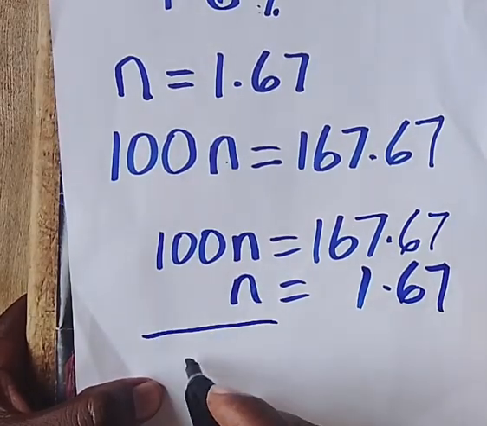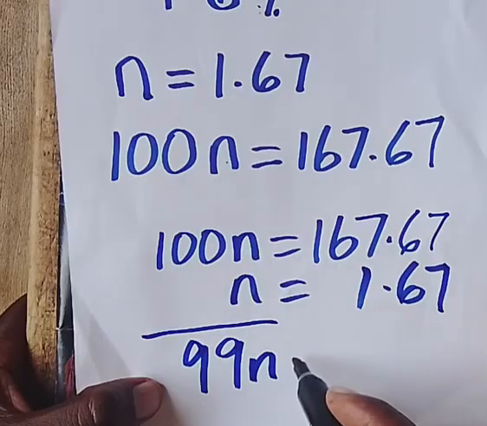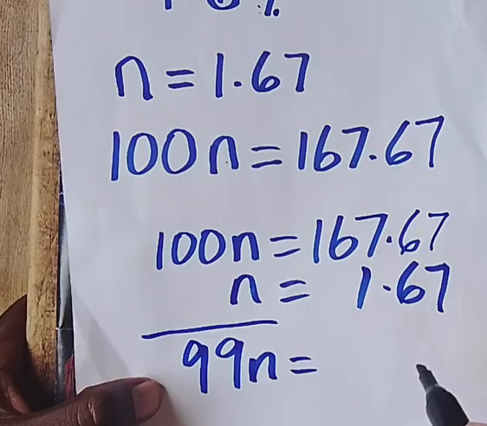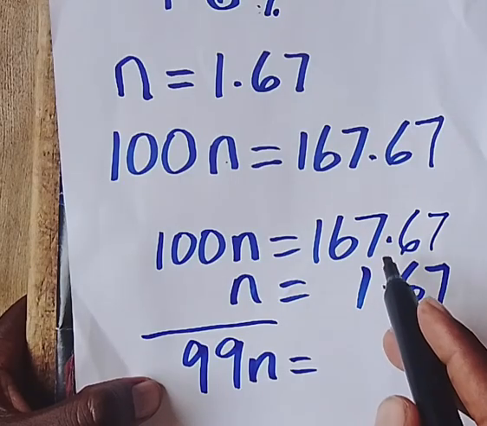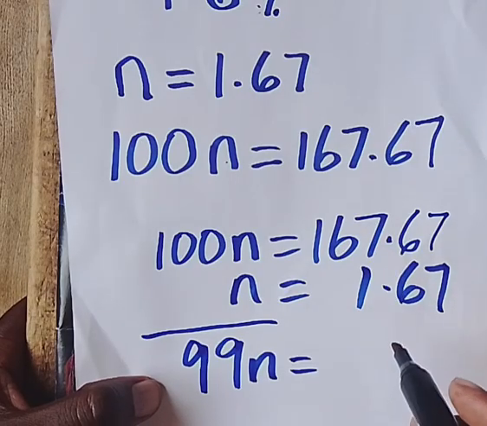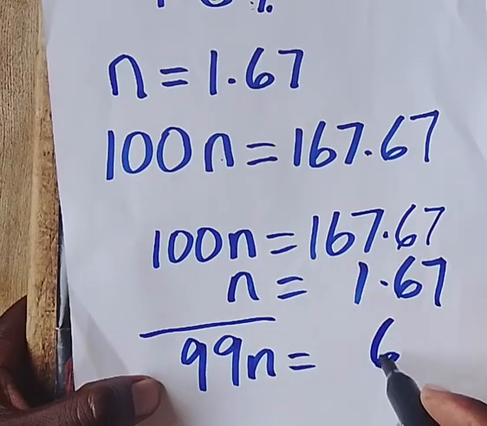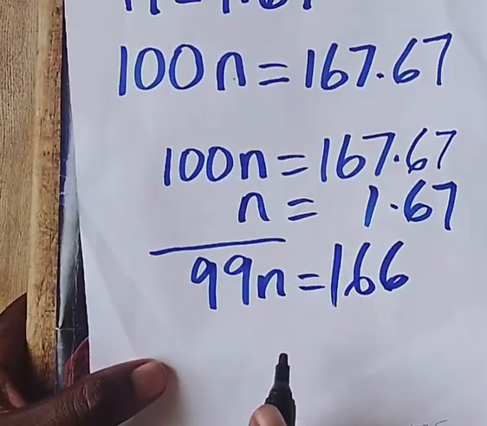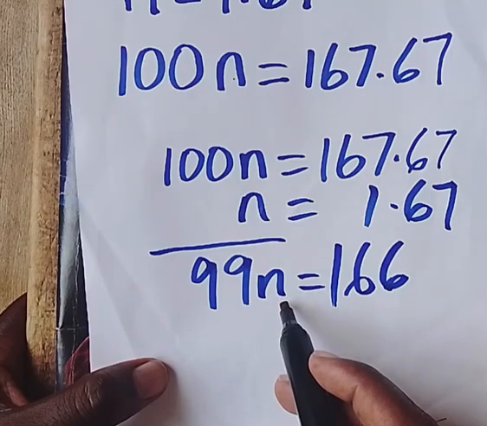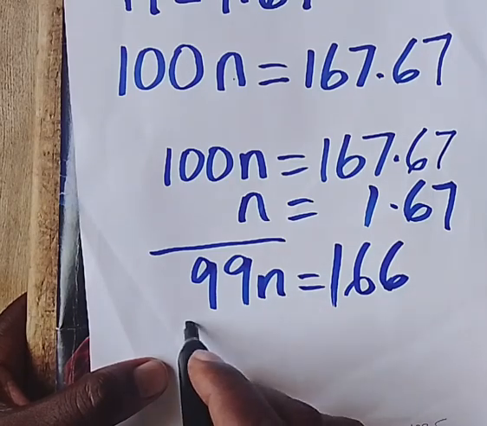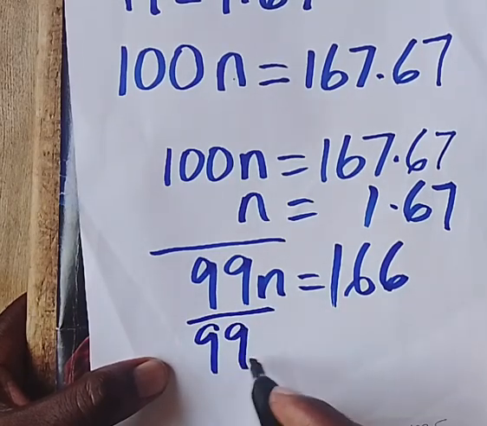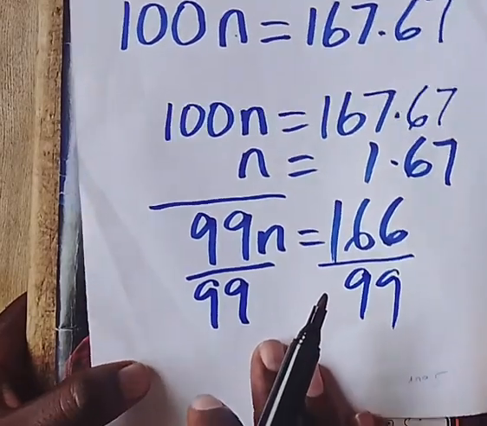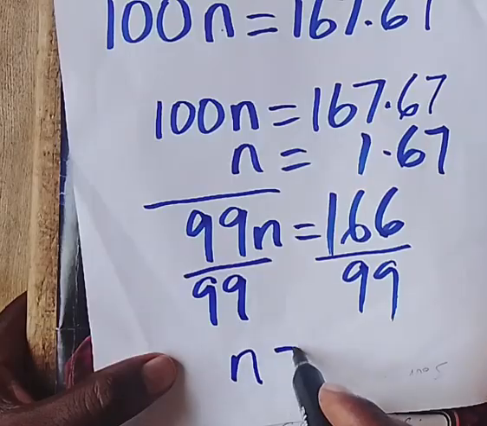Subtract this one, you get 99n is equal to, this minus this is 0, this minus this is 0. 7 minus 1, you have 6, and you have 6 and a 1. So we want to remain with the n here. So you divide by the coefficient of n, which is 99. And you divide this other one by 99. Then we'll have n plus.